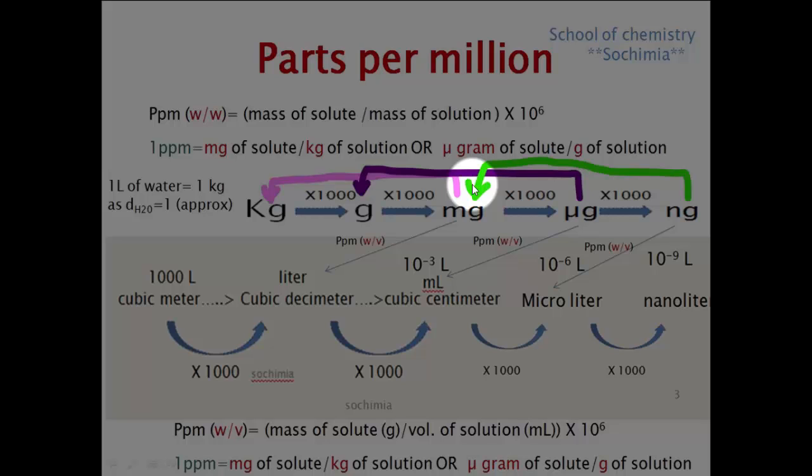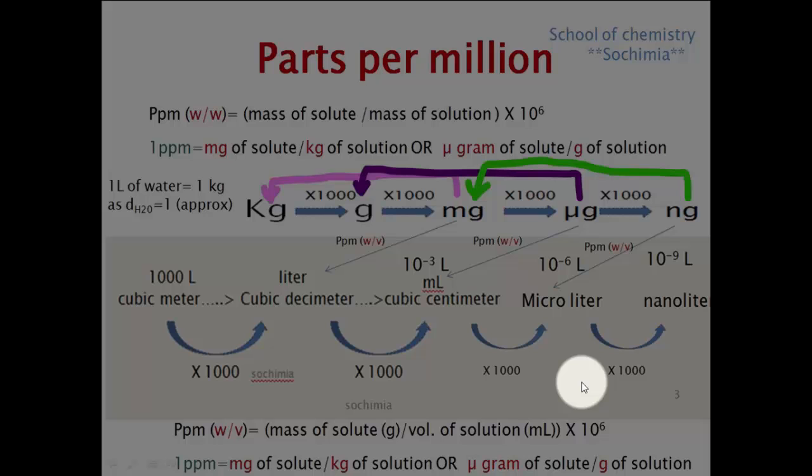Similarly, if you speak of ppm weight by volume, it means that your solute is in mass and the whole solution is in volume terms, or mass of solute in grams divided by volume of solution in ml multiplied by 1 million. So these are two terms now related, mass and volume, gram per ml into 10 raised to power 6.